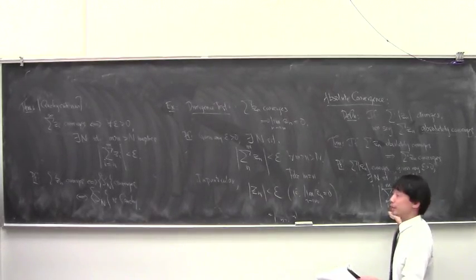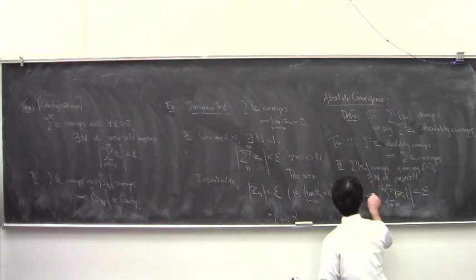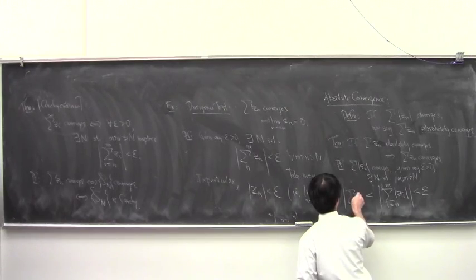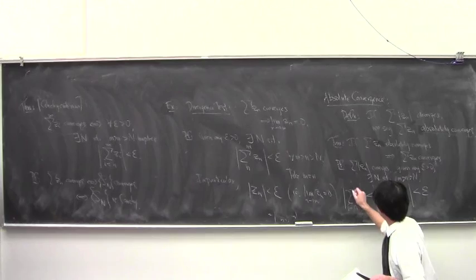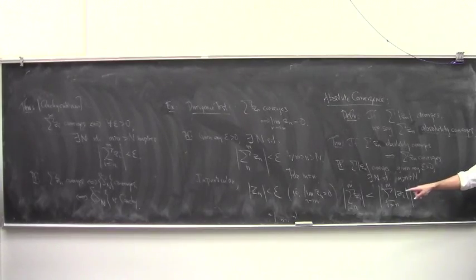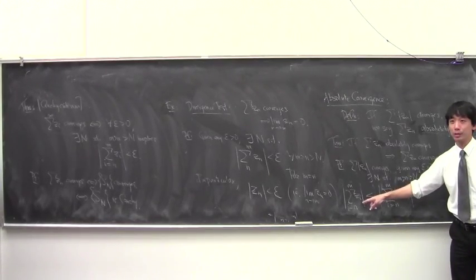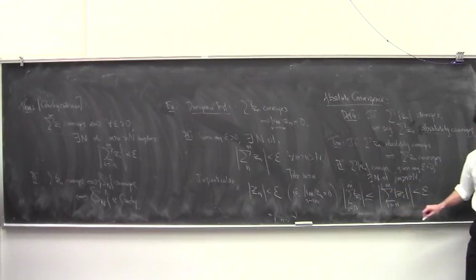That's what the Cauchy criterion says. But if that's true, then the sum of the original guy is definitely smaller than that. The partial tail for the original guy is definitely smaller than that, and so that's smaller than epsilon. And by the Cauchy criterion, that means that the original guy must converge, by the triangle inequality.